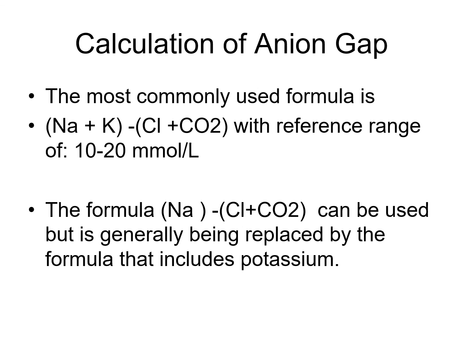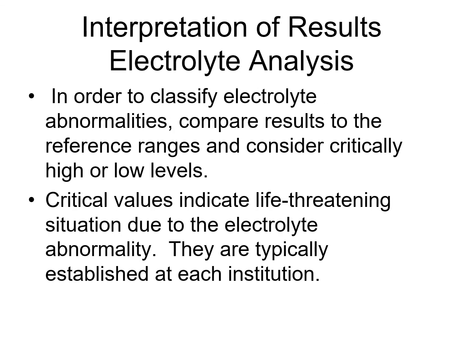We can also use another formula, which is sodium minus chloride plus carbon dioxide, but this is now replaced with the new formula with potassium. Interpretation of results: there are many abnormalities that affect the electrolytes.